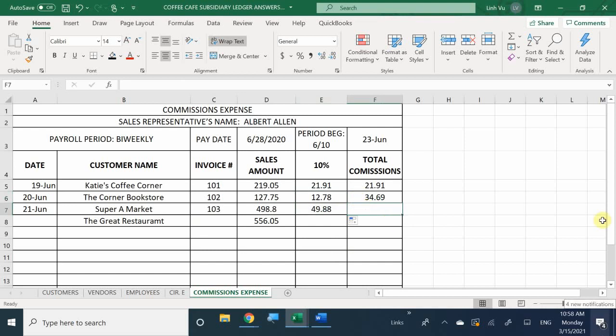So in grand total, how much do we owe Mr. Allen? We're going to add the previous amount that we owe plus this additional $49.88 to give a grand total of $84.57. Good.